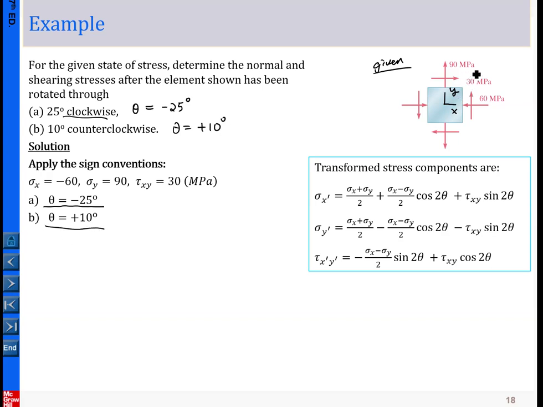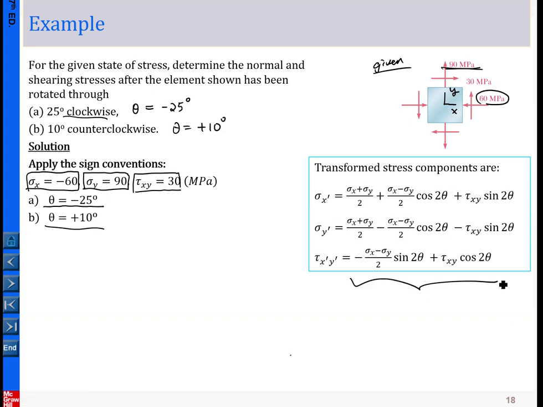And for the given stress element, you can see the normal stress is compressive, so sigma x is negative, and sigma y is tensile, so sigma y is 90, and tau xy, given this orientation per my definition of xy, is positive. If you choose a different one, then that could be negative, but again, keep everything consistent with your definition. Okay, so that is the given information, then you simply plug it in.